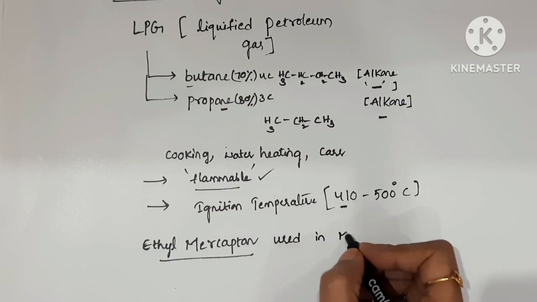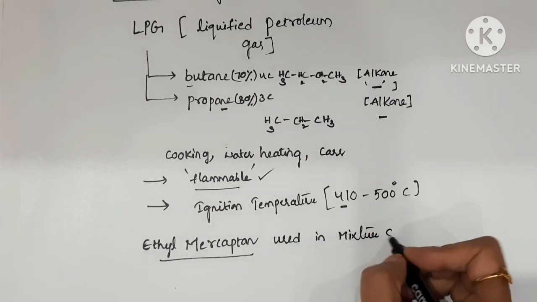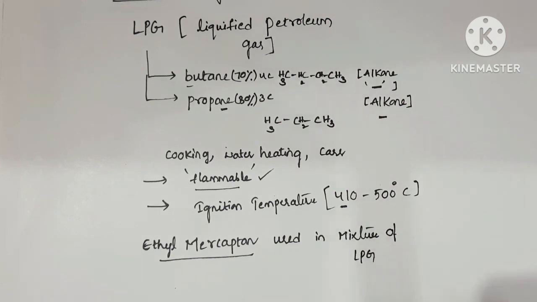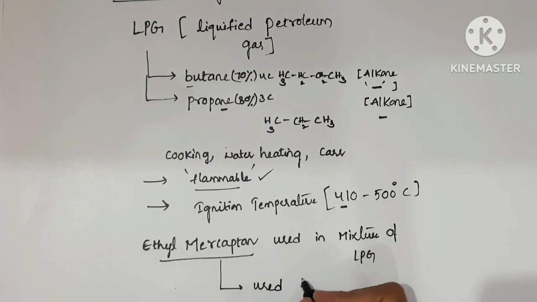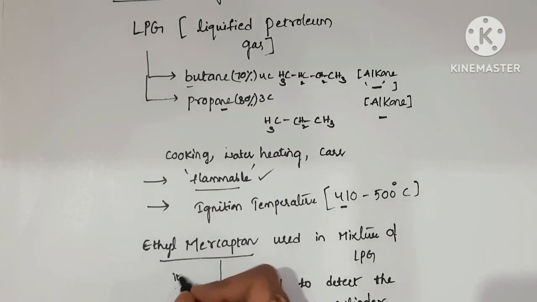Why do we use ethyl mercaptan? Because it is used to detect the leakage of cylinders. That's why it smells so strong.